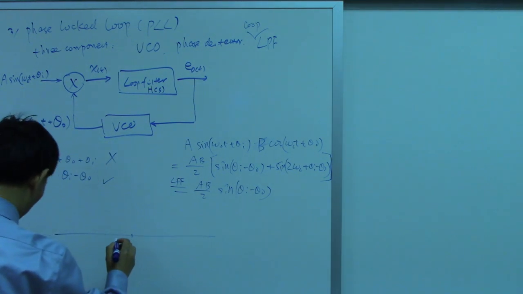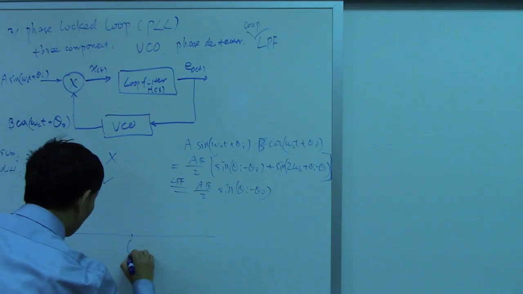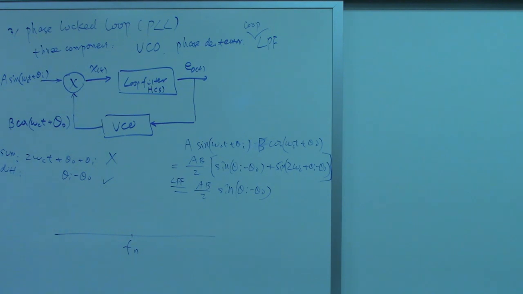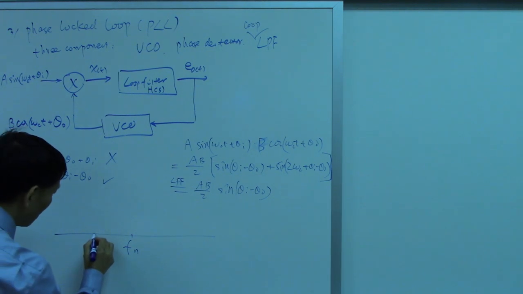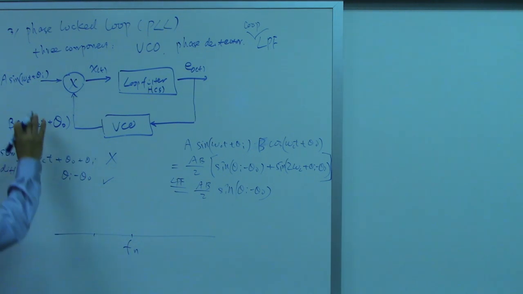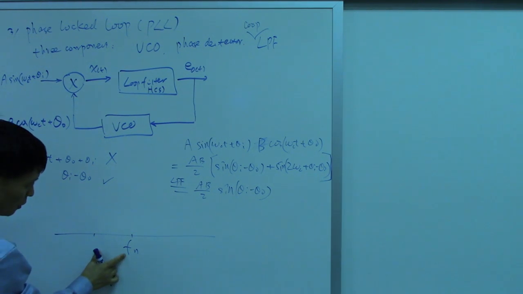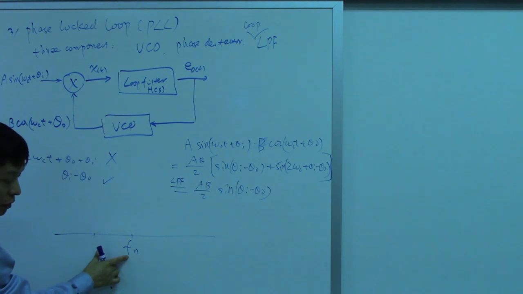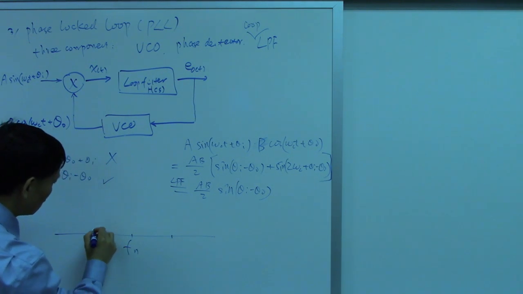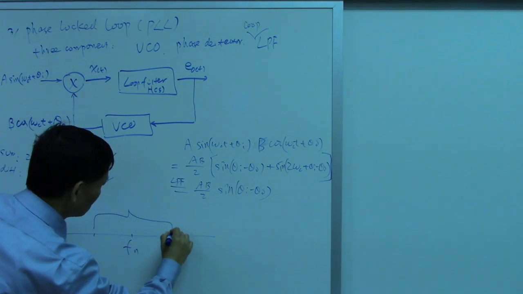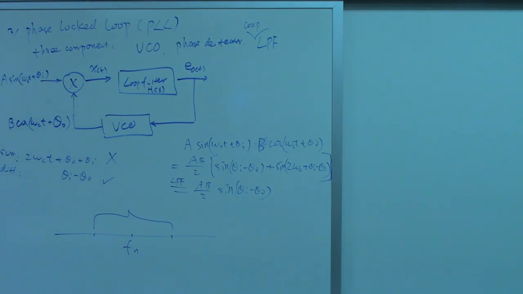Suppose the natural frequency is here, Fn, the free running frequency. At the very beginning, if the input frequency is this much different than this, smaller or larger, within this range we can make this loop locked.